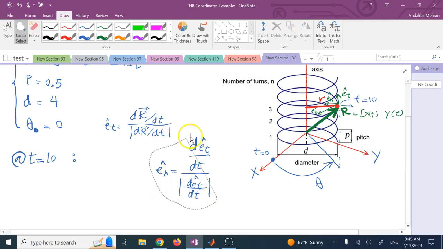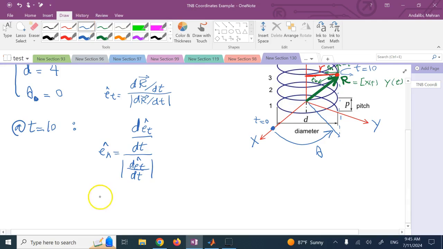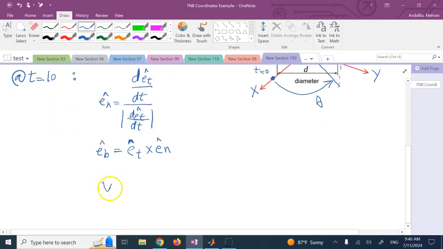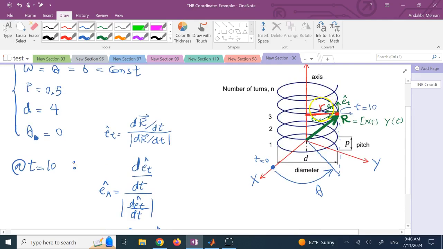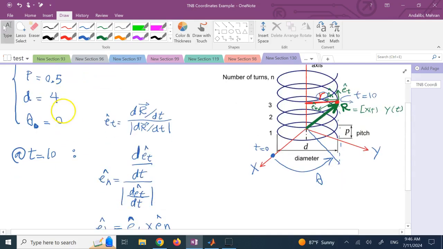And finally, what is the binormal one? Well, as you know, e binormal is et cross en. So these are the three unit vectors that we have, and then the speed itself, v. In this case, this radial distance R is constant. And what is this R here?